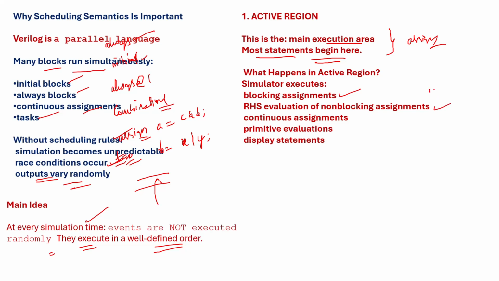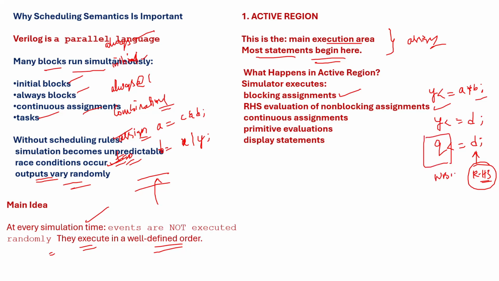Suppose I have assigned y less than or equal to a into b, or y less than or equal to d. In a D flip-flop, q less than or equal to d, you assigned that. What is the RHS side? d, right? This D will be executed in the active region only, but the output is updated in the NBA region.